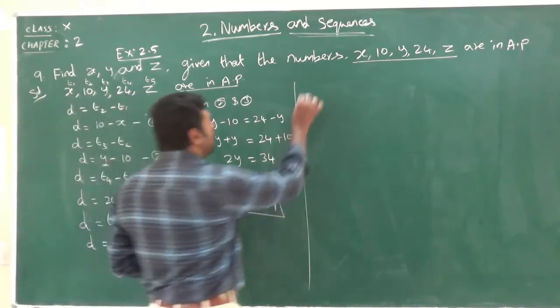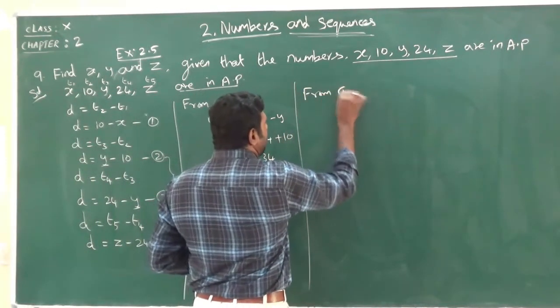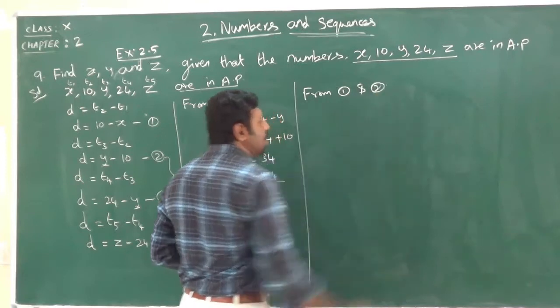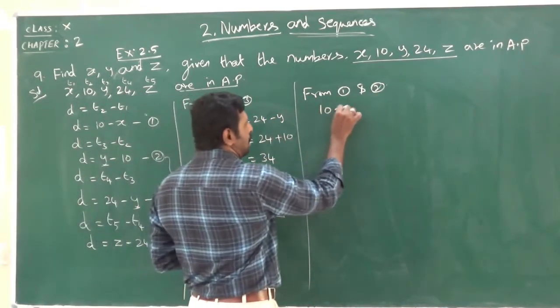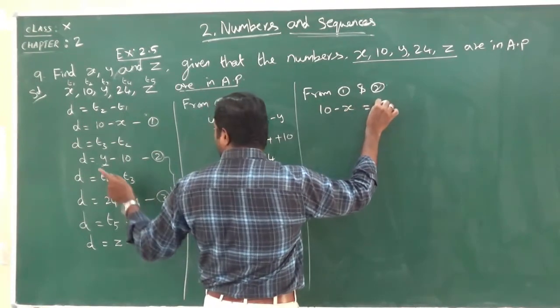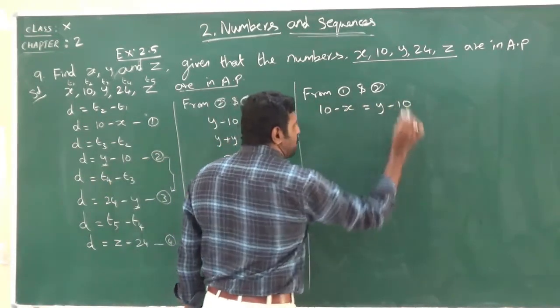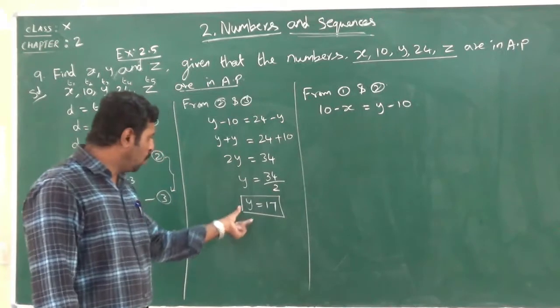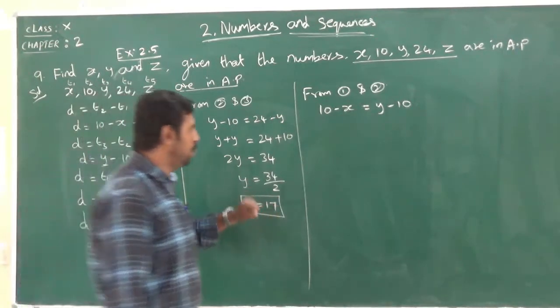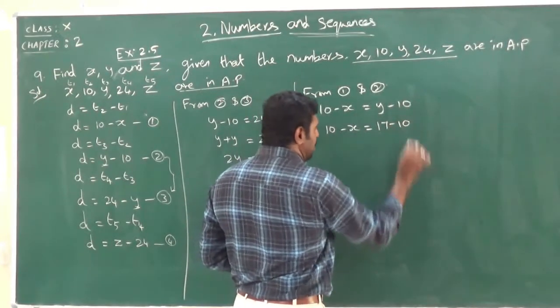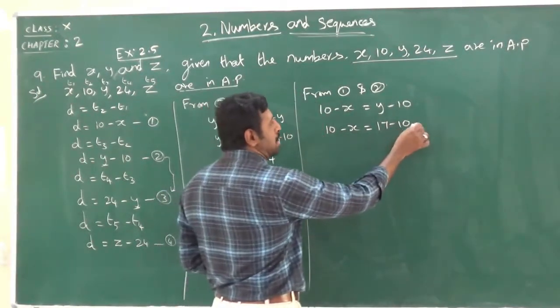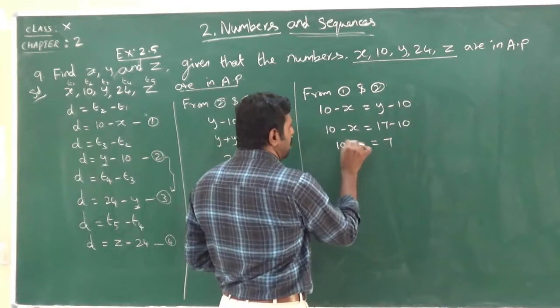See, from equation numbers 1 and 2, the common difference: 10 minus x is equal to y minus 10. Here we know the y value, y is equal to 17. So 10 minus x is equal to 17 minus 10, and 17 minus 10 is nothing but 7.